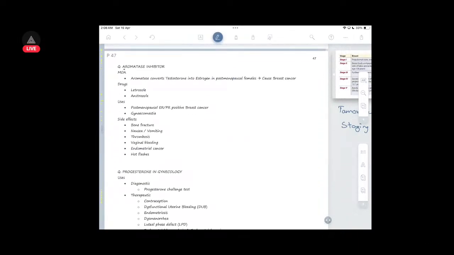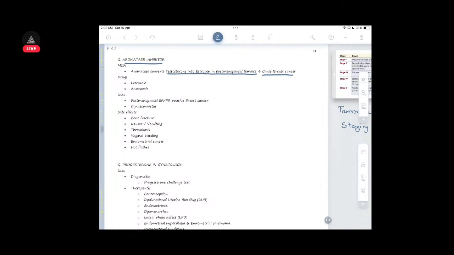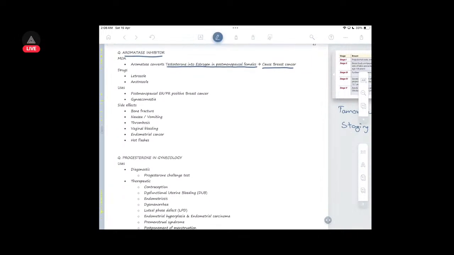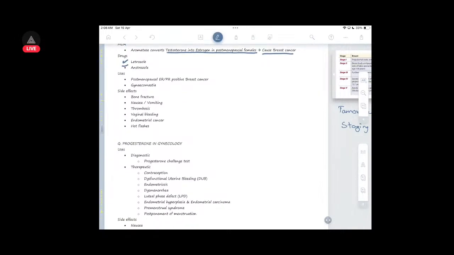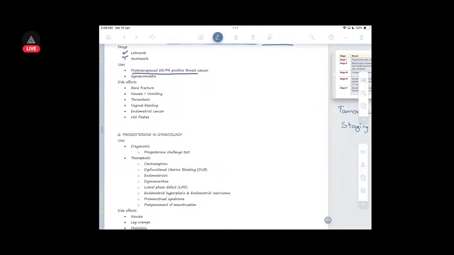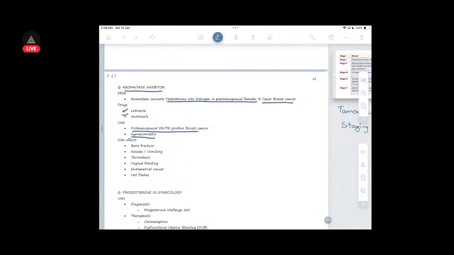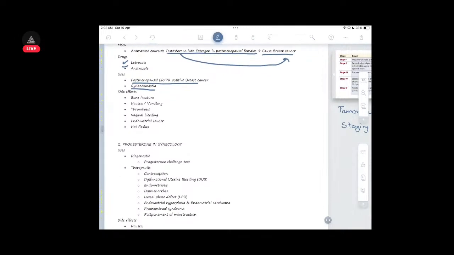Then aromatase inhibitor: it converts testosterone to estrogen in postmenopausal women. It causes, however, increased risk of breast cancer. You have letrozole and anastrozole, and they are used in postmenopausal ER and PR positive breast cancer. Testosterone is converted into estrogen, and this causes breast cancer. Okay, if you provide an inhibitor like letrozole and anastrozole, it will inhibit aromatase, therefore there is decreased estrogen.